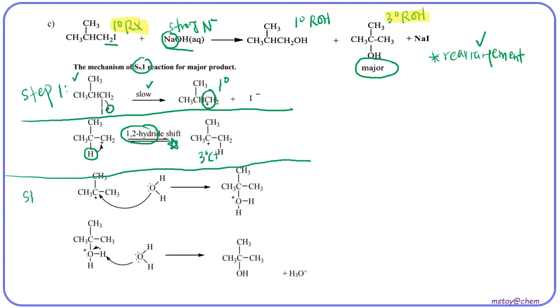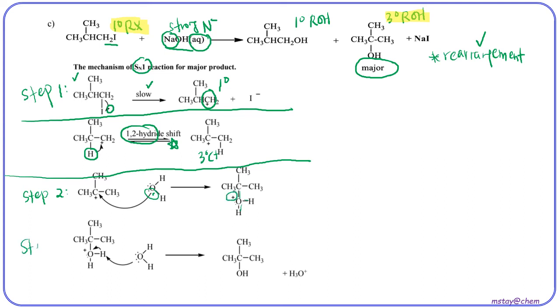So step 2, the water, because of the aqueous solution, will attack the tertiary carbocation by giving one lone pair of electrons to the carbocation. Then the oxygen now will have 3 bonds with one lone pair, so that's why it is positively charged.